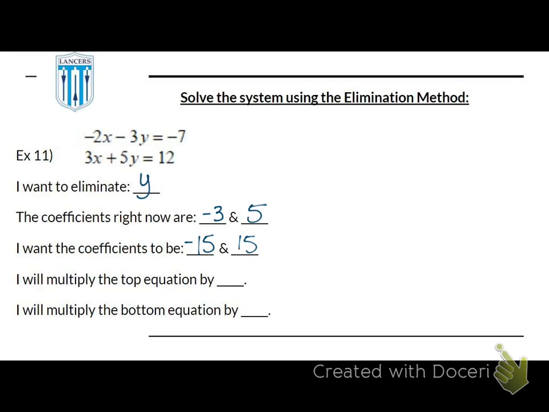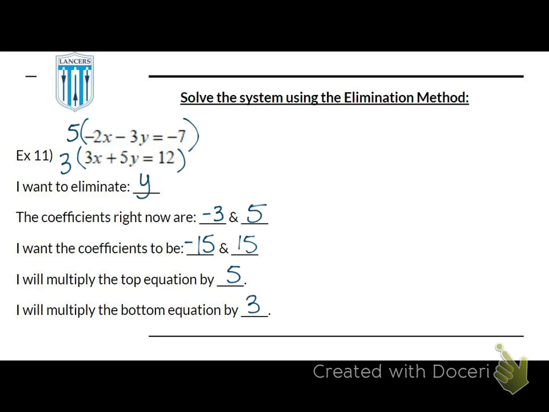We do need one of them positive, one of them negative. So I will multiply the top equation by 5 to make -3 into -15. I will multiply the bottom equation by 3. So I'll write that up here. I'm multiplying the top one by a 5, multiplying the bottom one by a 3.